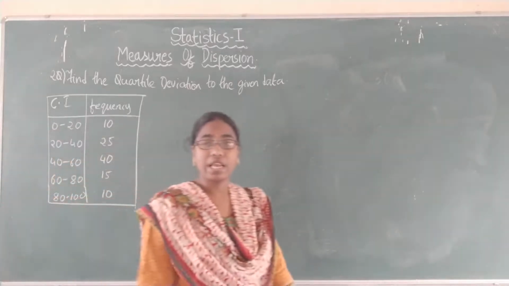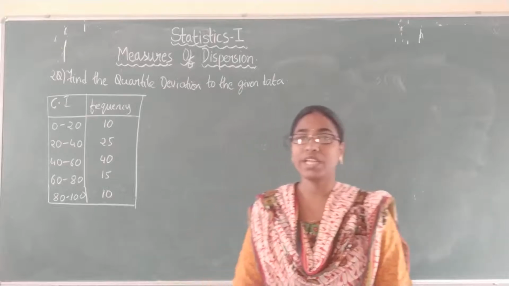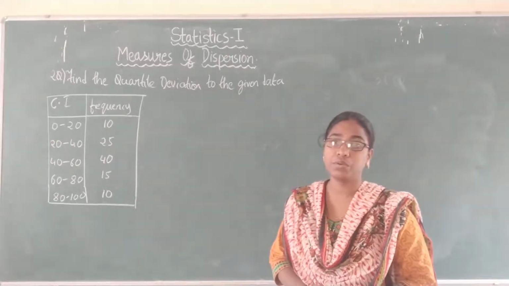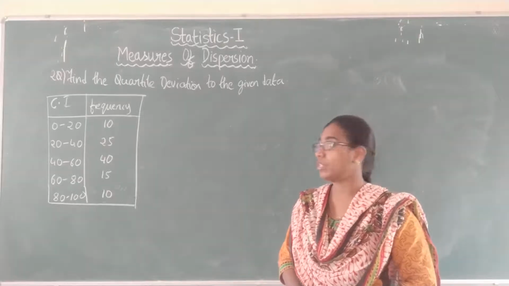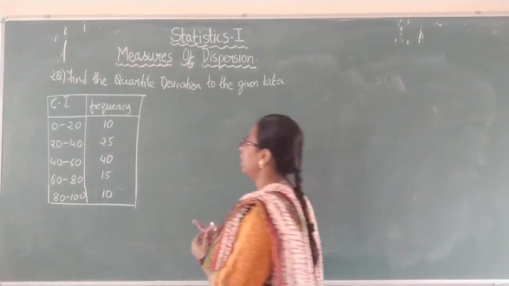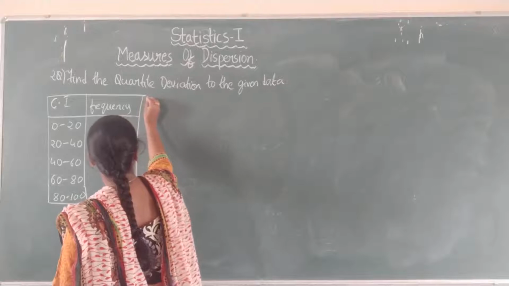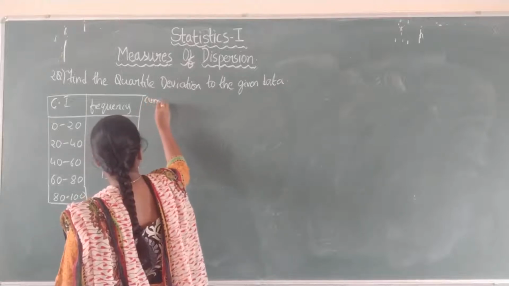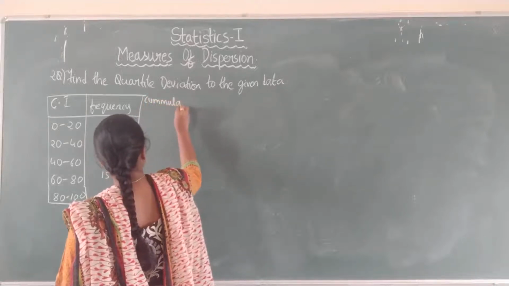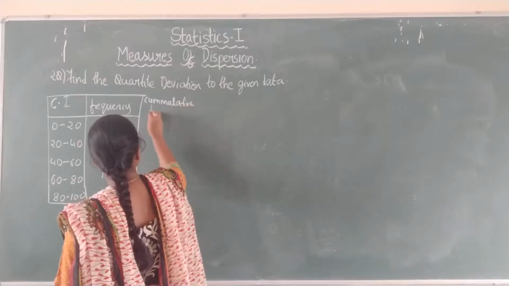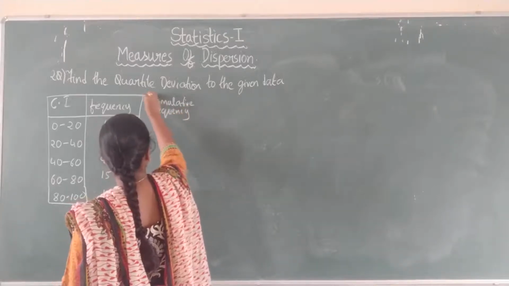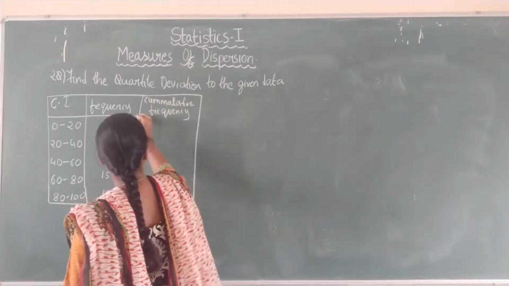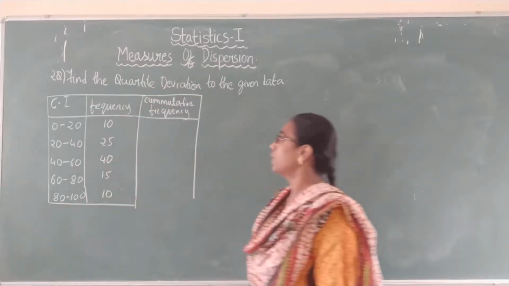For calculating the quartiles, what is the first step we need to do? We need to calculate the cumulative frequencies. How will you calculate the cumulative frequency? By adding up the frequencies up to the particular value.